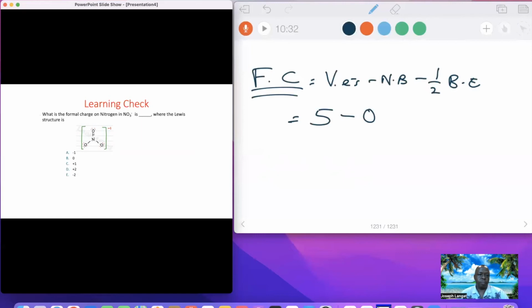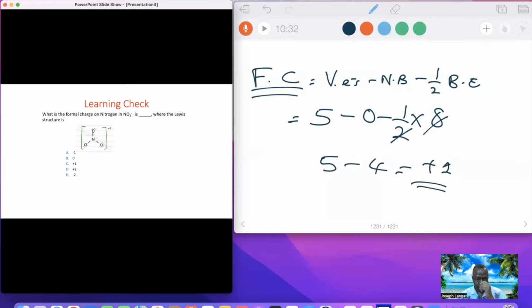I don't see any non-bonding electrons on nitrogen, therefore 0. Minus a half, I see that we have 1, 2, 3, 4 bonds times 2, that is 8 electrons. Remember, one line has 2 electrons, so it's going to be 5 minus 4 equals +1. So nitrogen has a formal charge of +1.